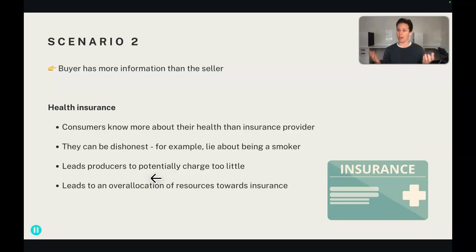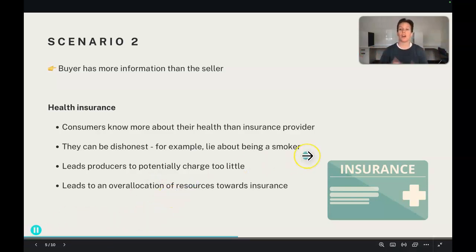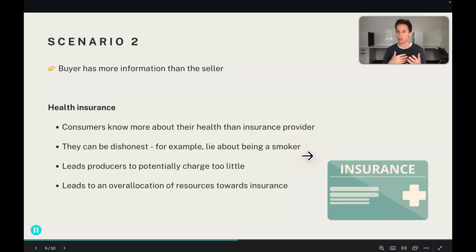Because they're working on the information that you've given them, and you've told them, I don't smoke, so I get a lower premium. And so this leads to an over-allocation of resources towards the insurance market. The over-allocation in the sense that you're not buying the right policy for your situation because you're not being honest about your situation.